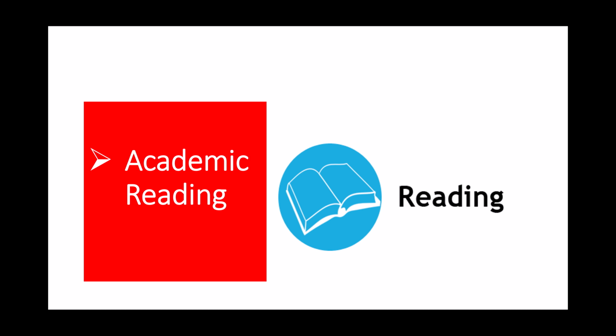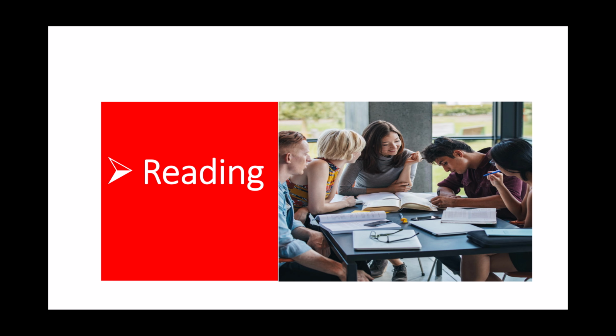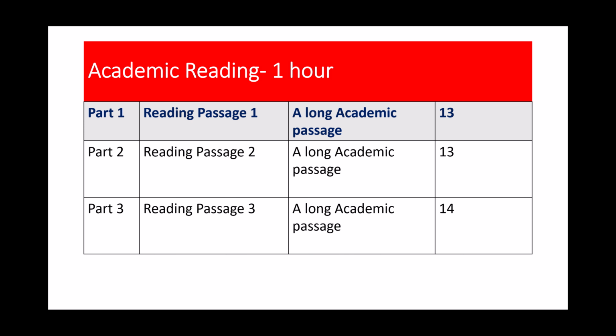Let's go to academic reading, because in reading, academic module and general training modules are different from one another. Let's first have a look at the academic reading module. In the reading part, we have 3 different sections. Part 1 or section 1, we're having a long passage about one academic subject, and the number of questions can be 13 or 14 questions.